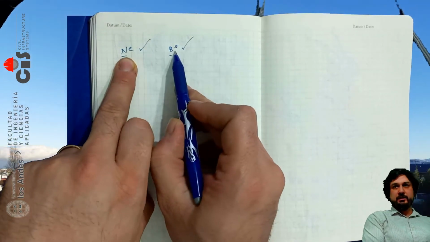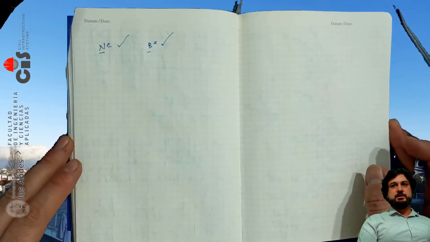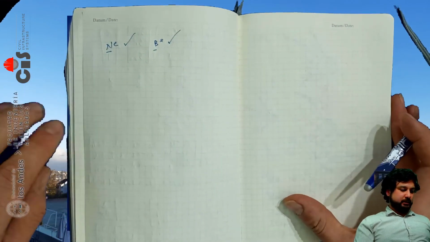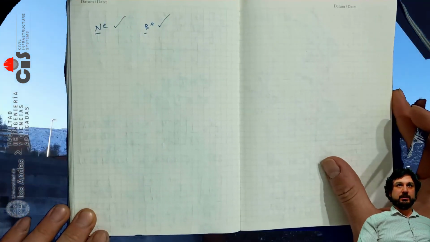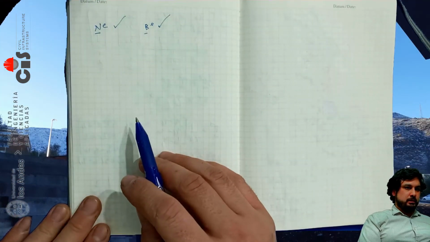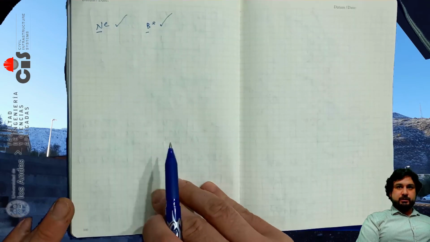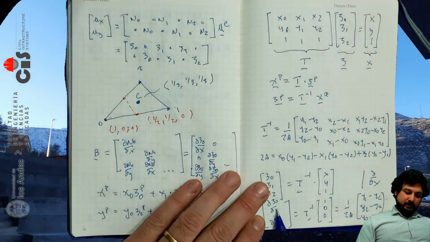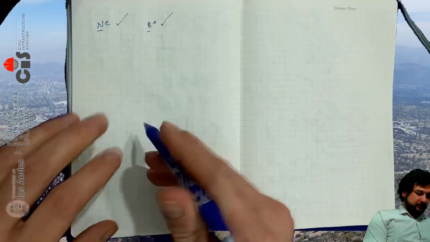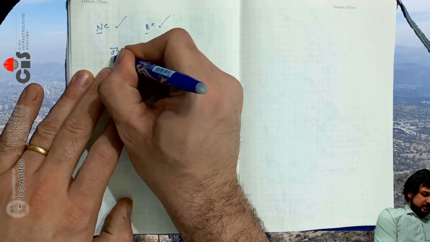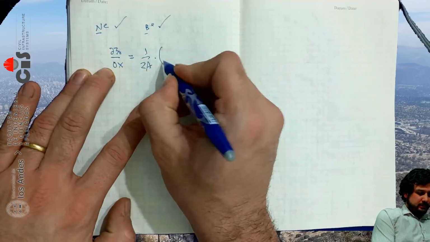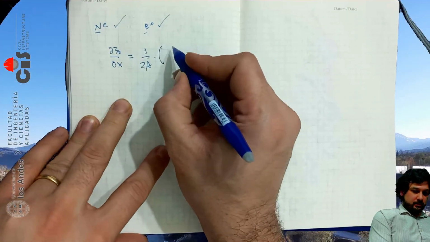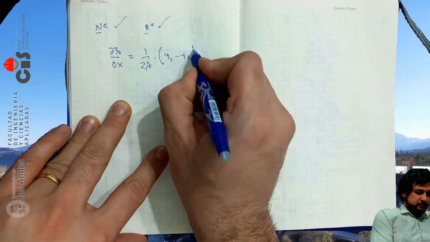The superscript E refers to the number of the element. So the elements are going to have a number within the domain, and that's just a way of keeping track of what element it is inside the domain. So now what? One thing you can notice is that, let's say, d zeta 0 to dx was 1 over 2A, and y1 minus y2.